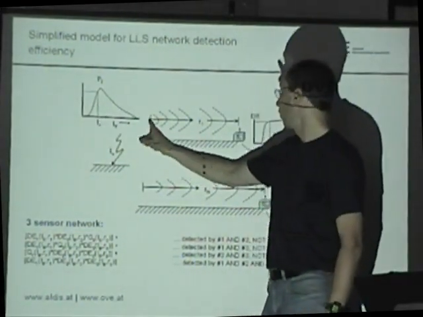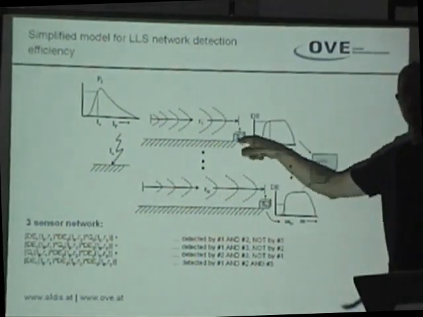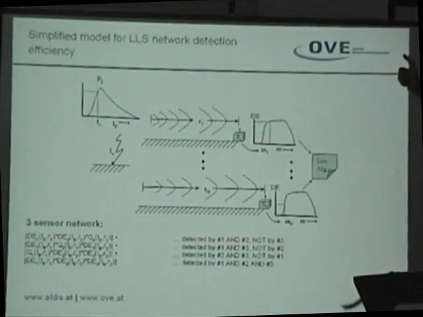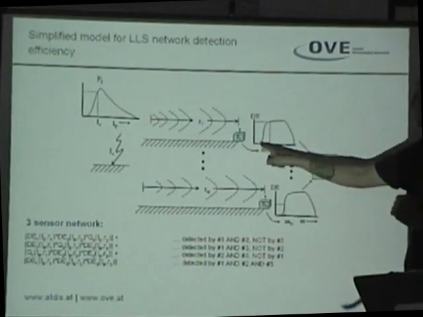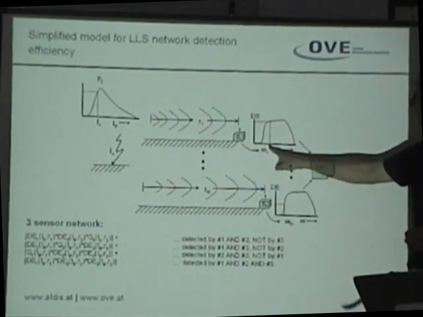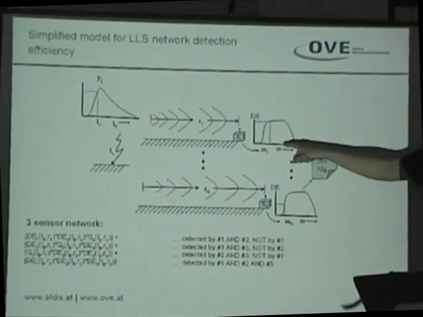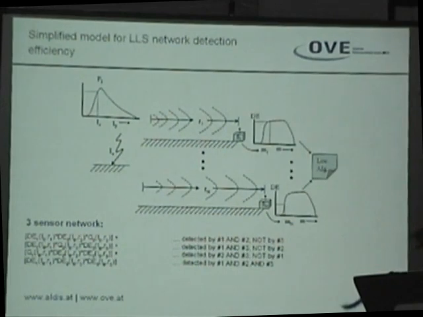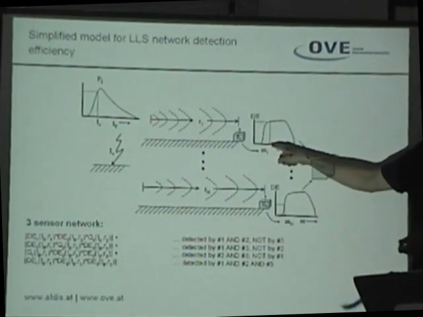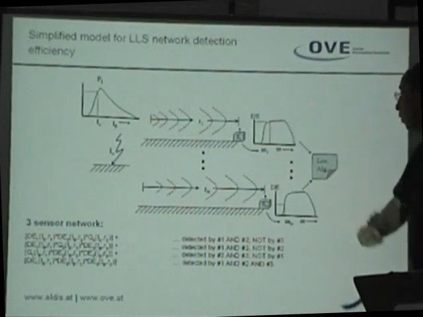You calculate the distance to the first sensor, calculate the field that should arrive at the sensor, and you check whether the sensor is above threshold or below threshold. And if it's above threshold, you check the probability of detection for this signal strength. You have probability P1, for example.